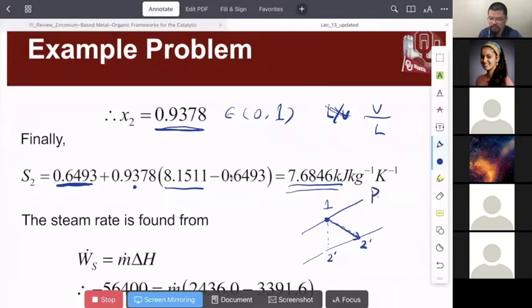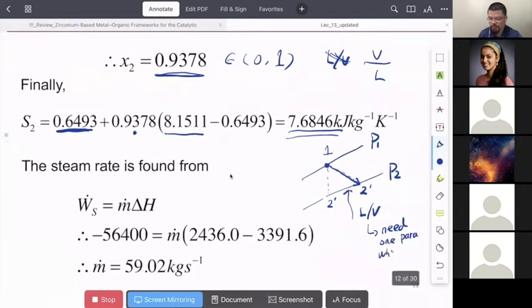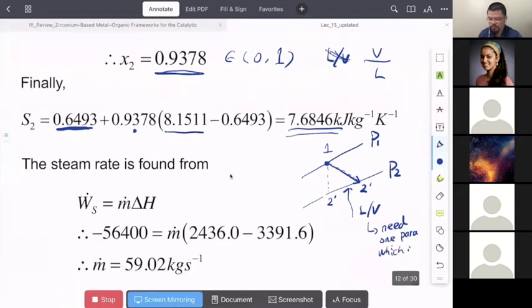Here we have P1, here we have P2, and over there that's a liquid and a vapor mixture, so we only need one parameter, which is P2.